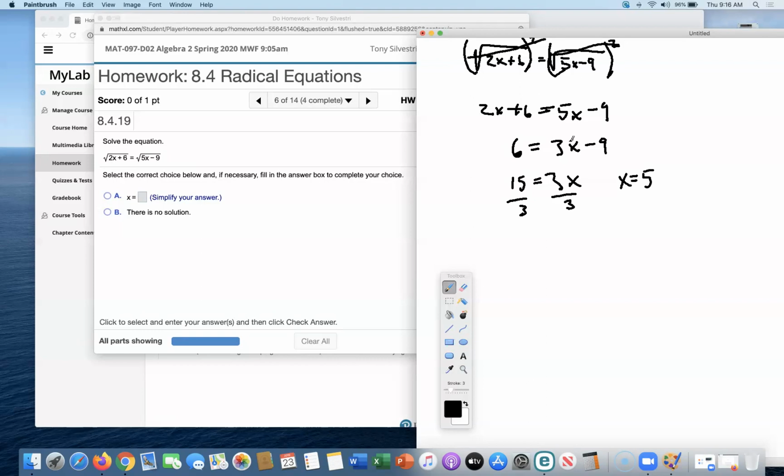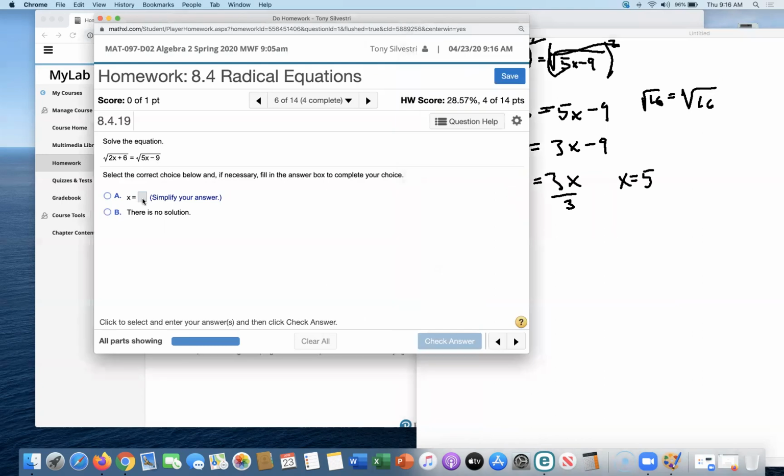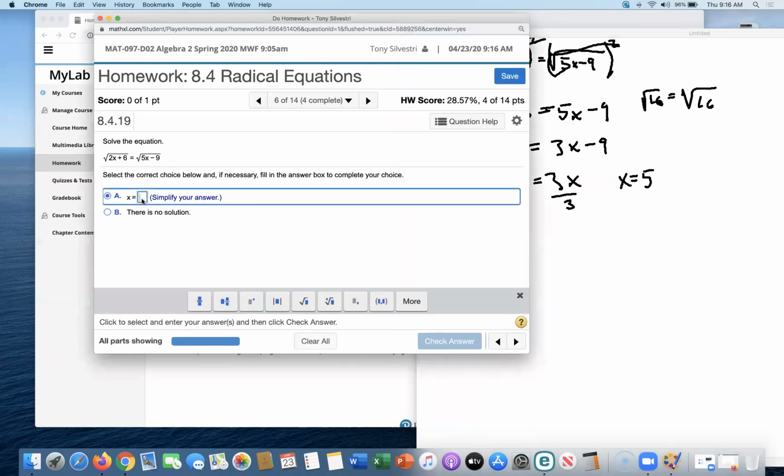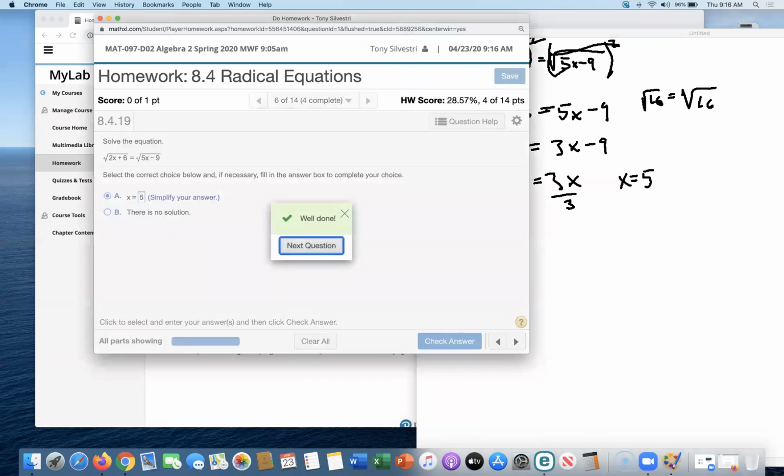Is equal to, on the other side, 5 times 5 is 25, minus 9 is 16. Square root of 16. Both sides work out, so I'm very confident that my answer is 5. Hit enter. Yay.